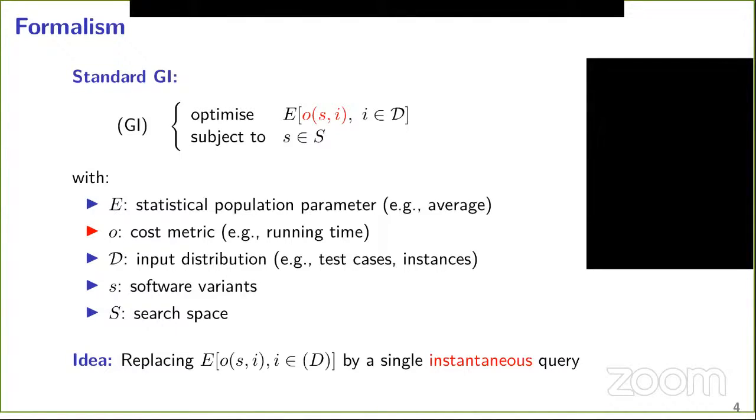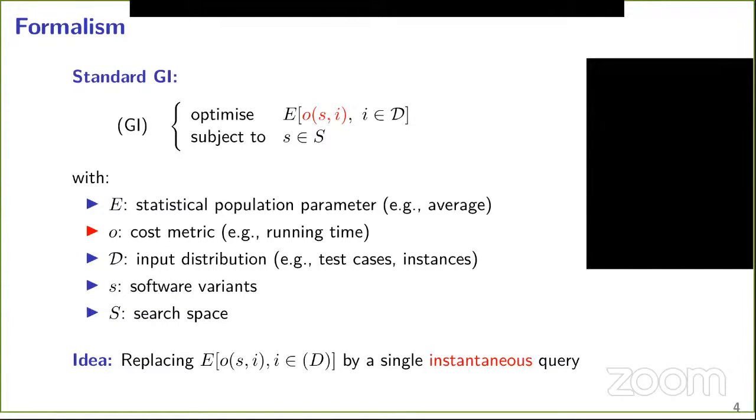And from that search space, what you want to find is the one software variant that optimizes some statistical population parameter over some cost metric over some input distribution. For example, you want to optimize the average running time of MiniSat over some instances, or you want to optimize the total energy consumption of running your software on a particular machine.